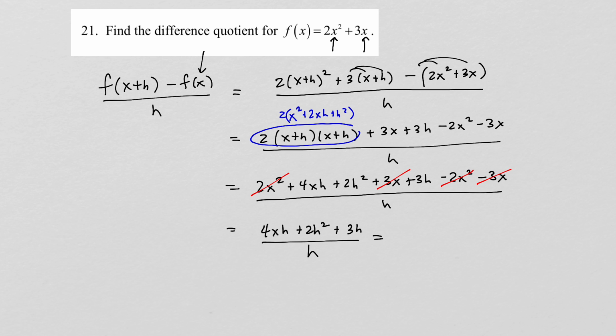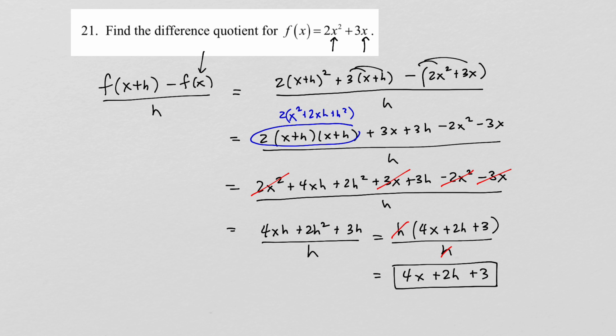And now we can factor out an h on top. And the reason we factor it out is because we can cancel it with the h in the bottom. And our final answer here is 4x plus 2h plus 3. And that is the difference quotient.